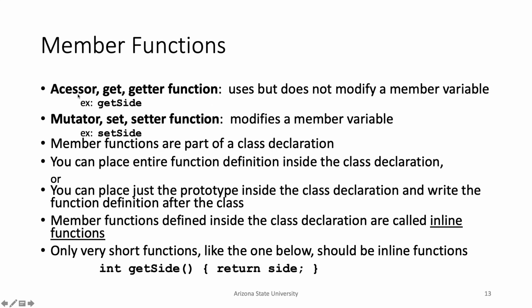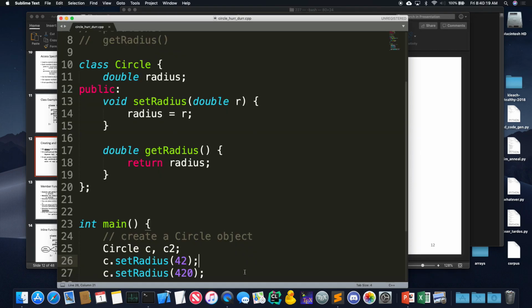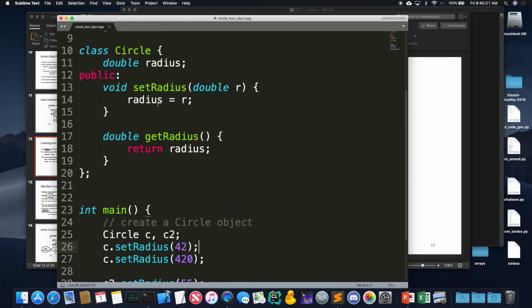So you may be noticing we're doing these set the variable name to something and then a get version of the same thing. So for a square, for example, we have a set side function because the variable name is side. We have a set side and a get side. In the example that we've been doing with circle, we have very analogous things.